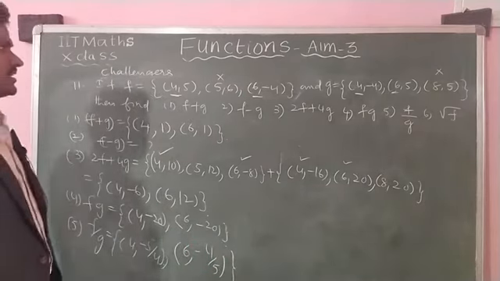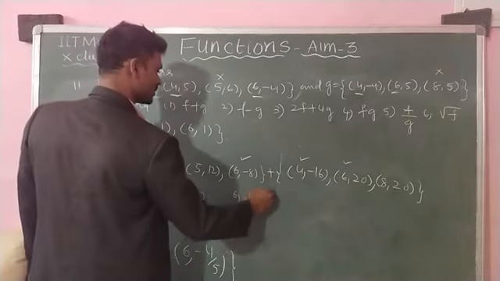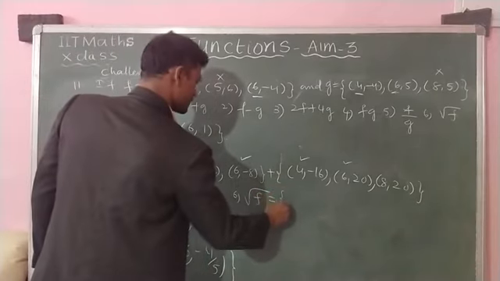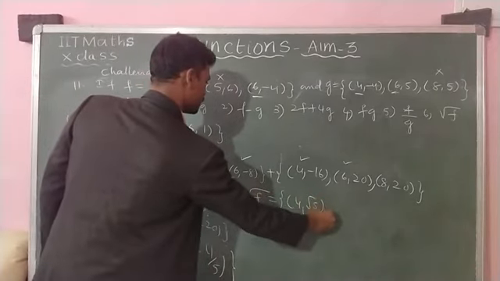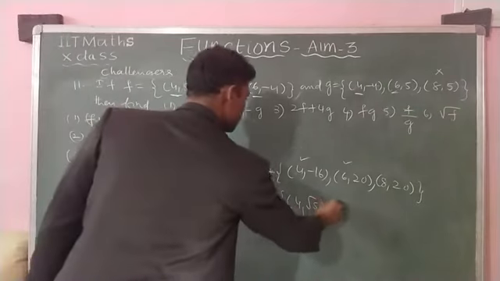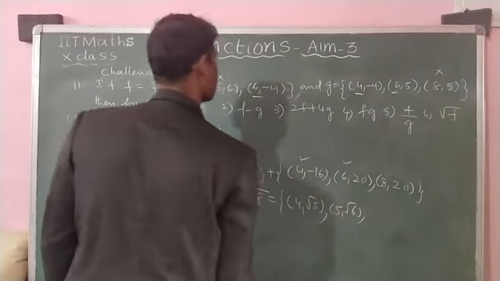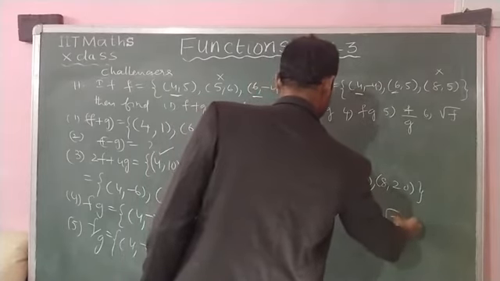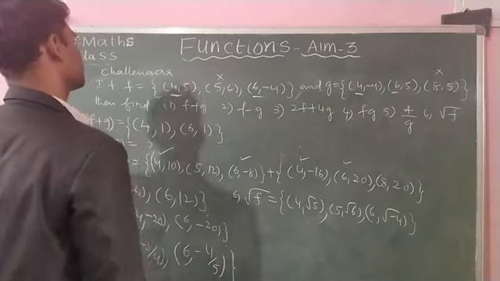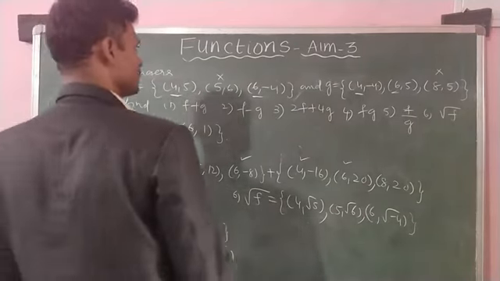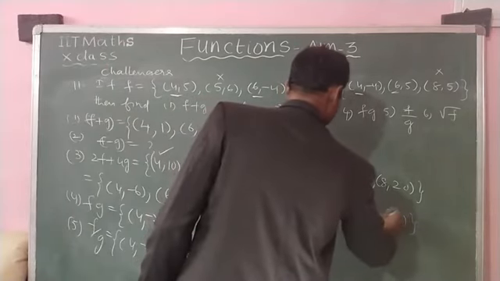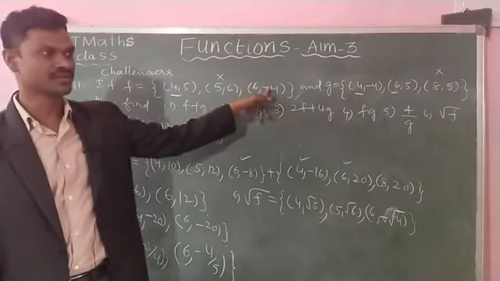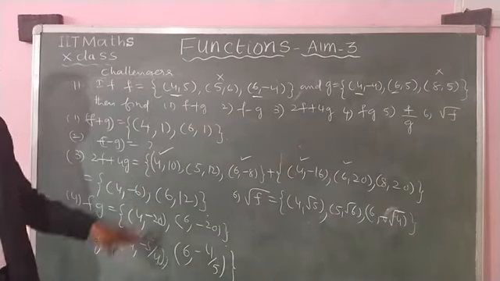This is f by g. Next, the sixth one is square root of f. Square root of f means the set of (4, square root of 5) and (5, square root of 6). Next (6, square root of -4), which is minus of square root of 4. Okay, this is a negative symbol, then you can write square root of 4. This is the answer. Note down.